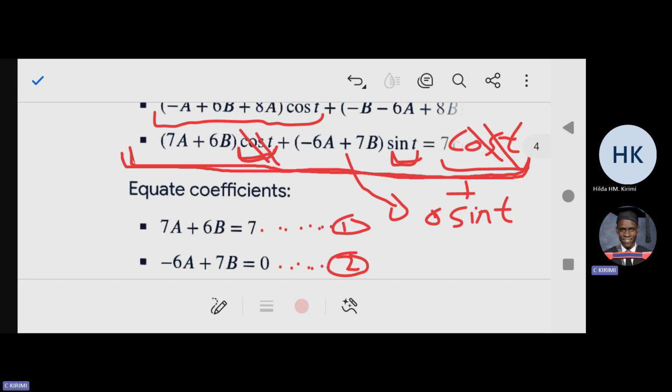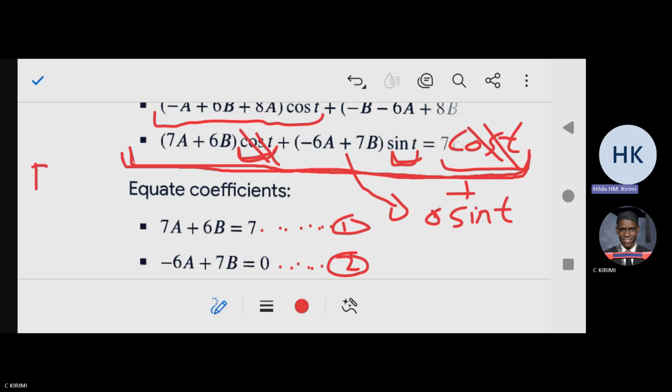Are you still working it? Yeah, I'm almost done. You want the values of A and B. B is equal to 42 over 36.